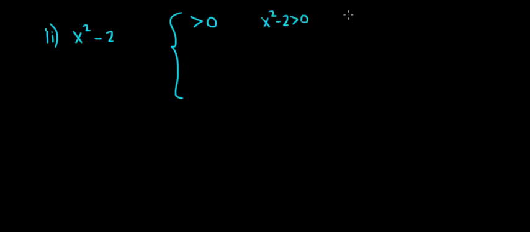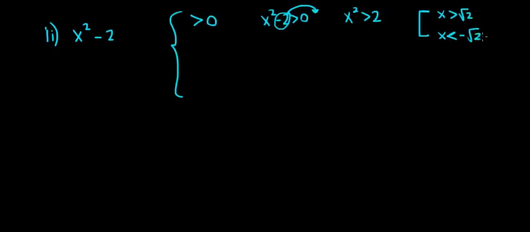When is that happening? When x squared has to be greater than 2, because we take the negative 2 on the other side. Now, x squared has to be greater than 2. What does that mean? What kind of range do we have here? Well, either x is greater than square root of 2, or x is less than minus square root of 2.